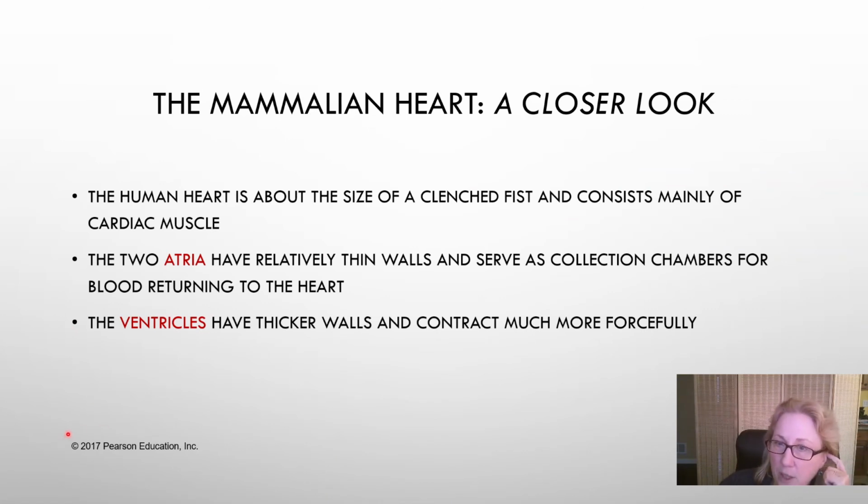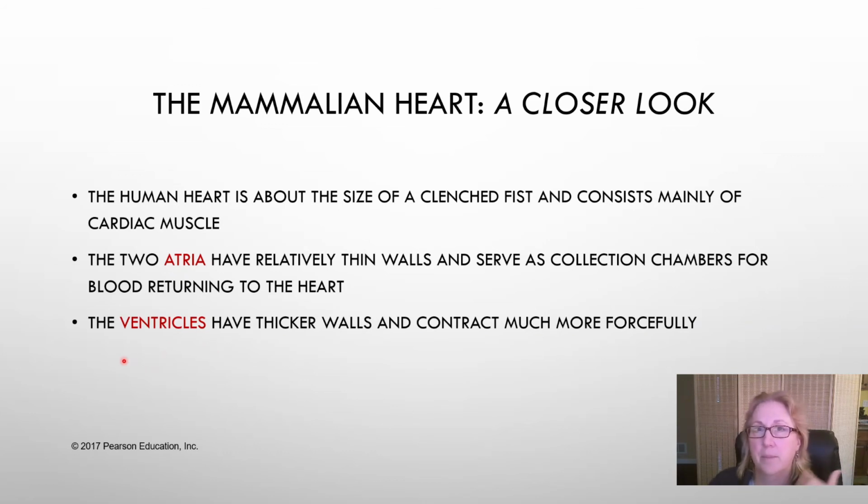If we look at the mammalian heart again, the two atria are less muscular. They're thinner, they're smaller. They serve as a return place for the blood, either coming from the lungs or from the systemic circulation. The ventricles have to pump the blood harder.